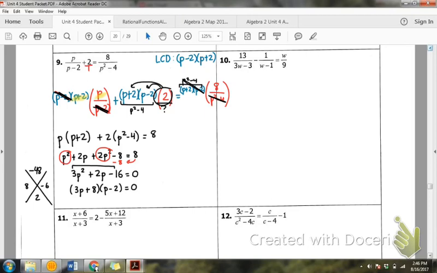Okay, so then we're going to go ahead and add 2 across, so that gives me p equals 2. I get negative 8, divide by 3. P is negative 8 thirds. You guys agree with that?